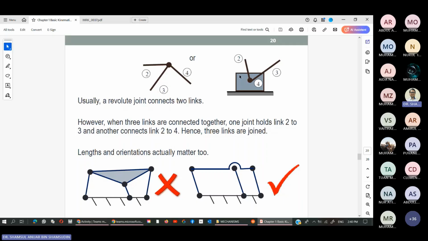So we have a link, a slider, and also another link. So in this case, we have to double count.